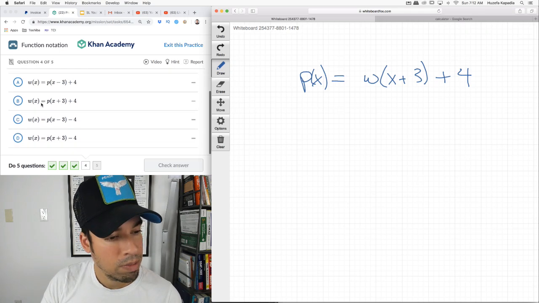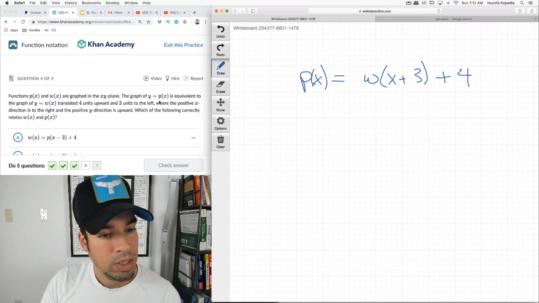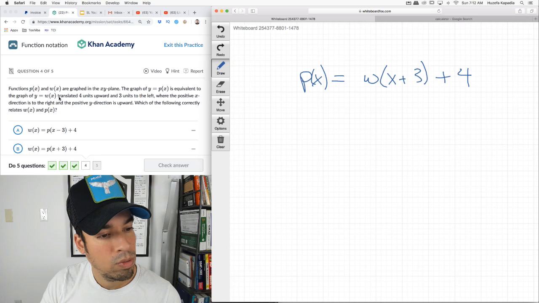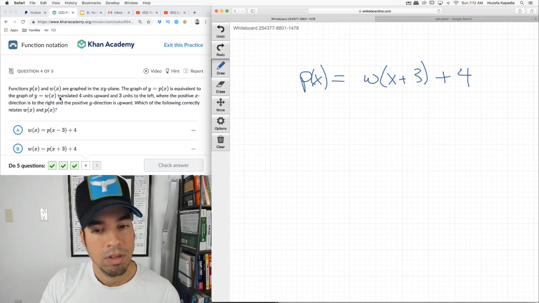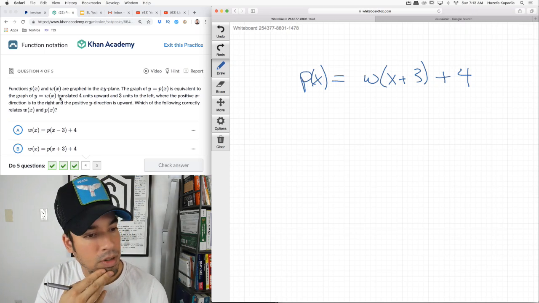Oh, wait a minute. Did I do it backwards? Hold on. Let me read this again. The graph of p of x is equivalent to w of x translated 4 units up.